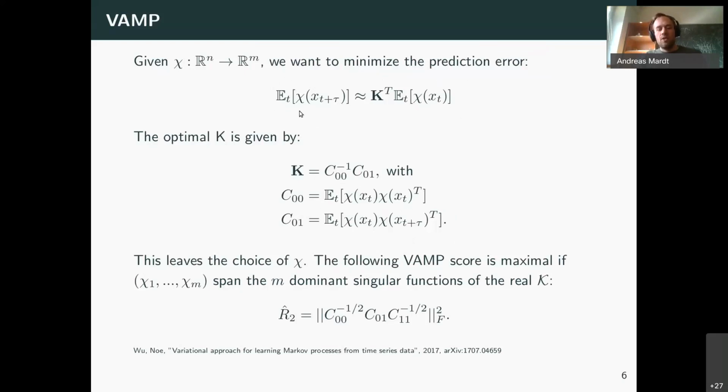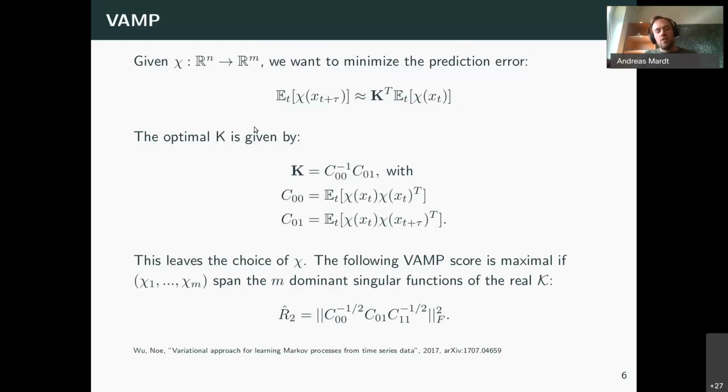Because you can easily imagine, if we just tried to minimize this prediction error, the best choice would be to map chi to a constant vector, independent of what x is. Then you have the constant vector here, the same constant vector there, and the optimal matrix is just a constant matrix, like the unit matrix. And you have a zero prediction error. But this has nothing to do with your system. So you cannot simply use this expression.